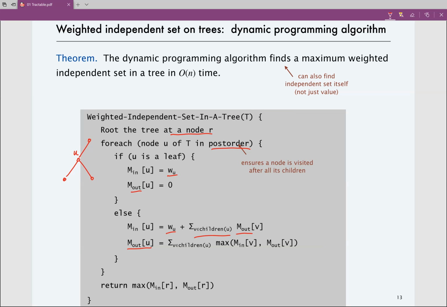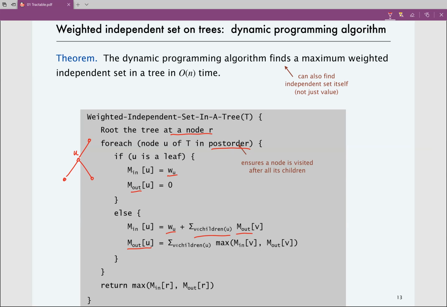So I guess it's order M. Sorry about that, the complexity is actually order M, because here you need to sum over all of the children. For each edge in the graph, that edge is going to be included in one of these sums. So altogether, the complexity is order M, the number of edges.